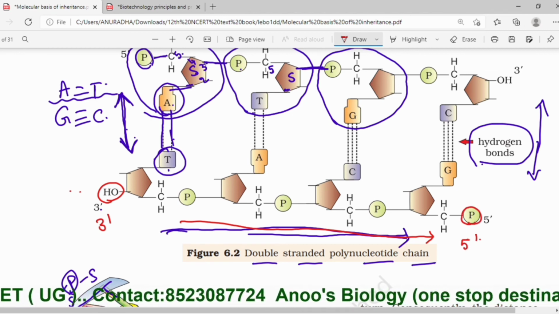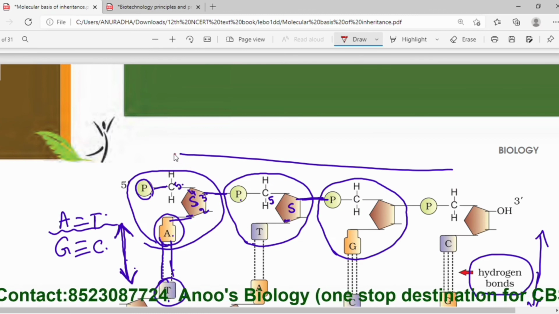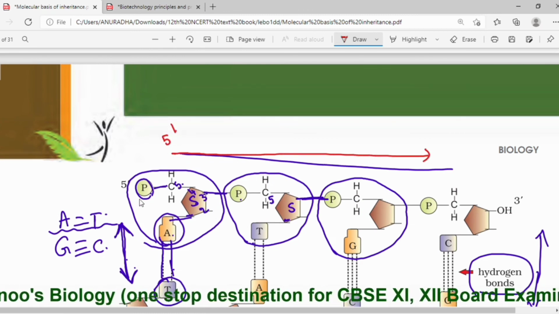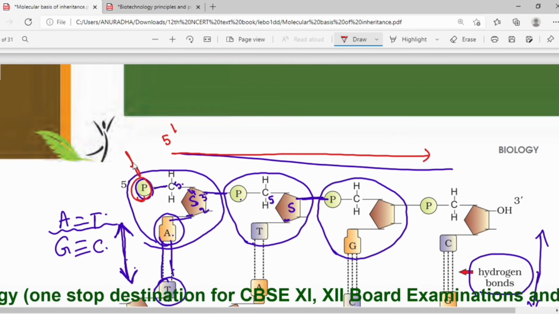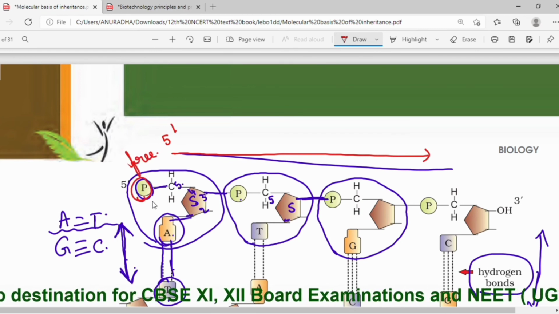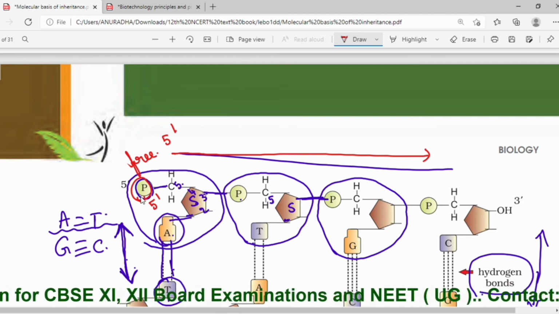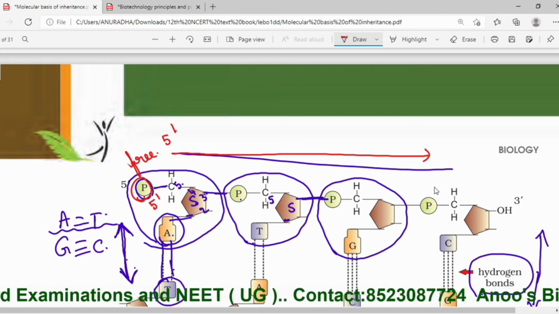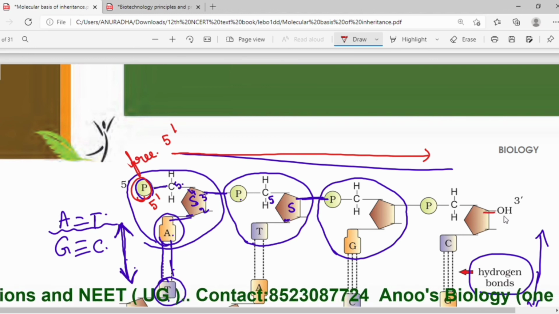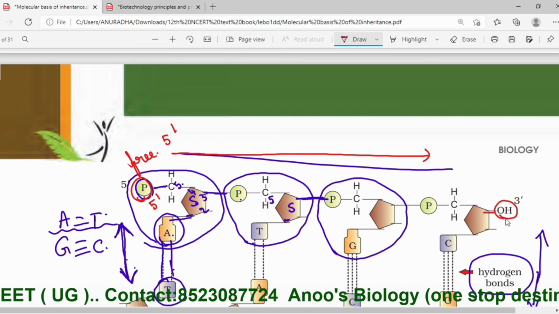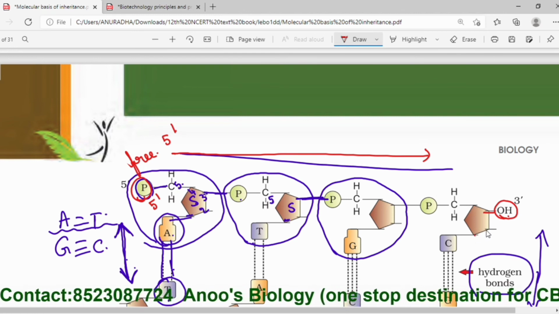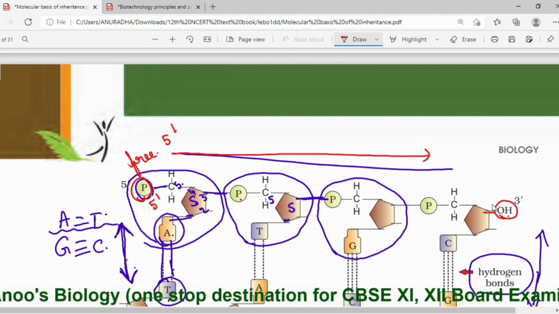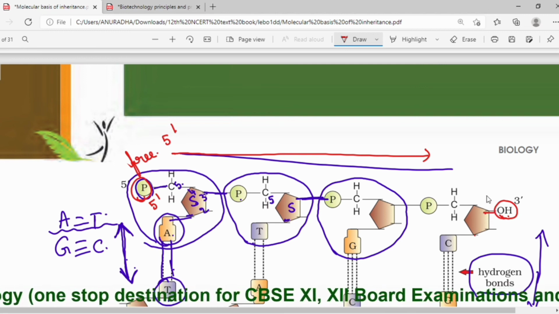Coming to this strand, the polarity of this strand is 5' to 3' because the phosphate present at this end is free, at the fifth position of the carbon atom. Phosphate attached to the fifth carbon atom is free. And the hydroxyl group present at this end, which is attached to the third carbon atom, is free.